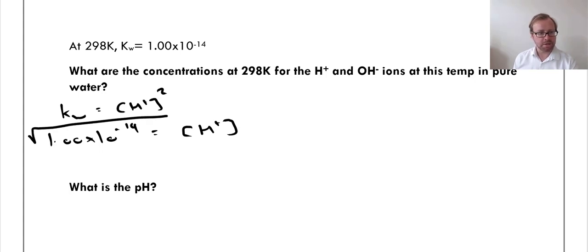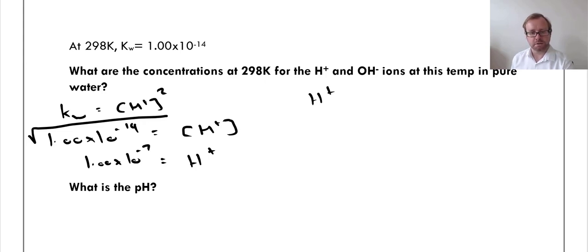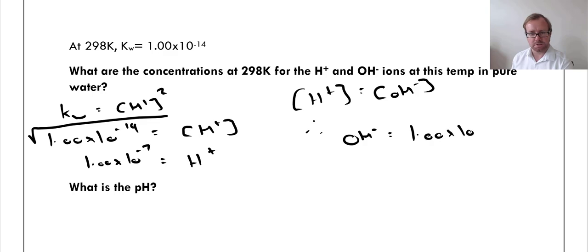So my H+ concentration must equal 1.00 times 10 to the minus 7, and I know that my H+ concentration equals my OH- concentration. Therefore, OH- must equal 1.0 times 10 to the minus 7.